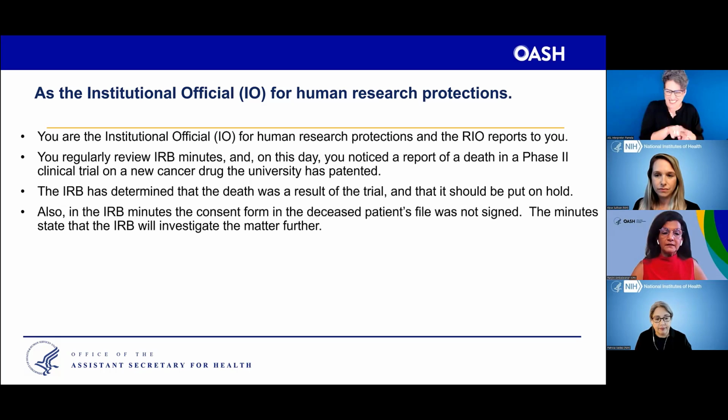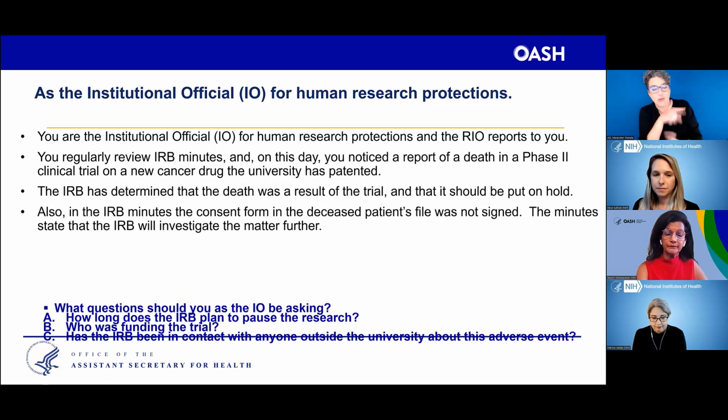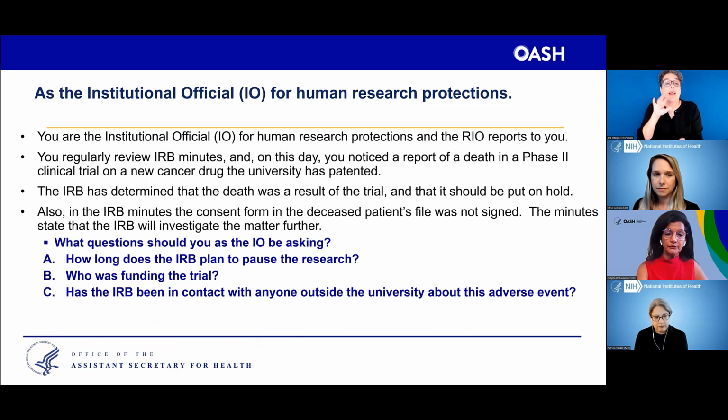The IRB has determined that the death was a result of the trial and that it should be put on hold. Also, in the IRB minutes, the consent form in the deceased patient's file was not signed. The minutes state the IRB will investigate the matter further. What questions should you ask as the institutional officer?